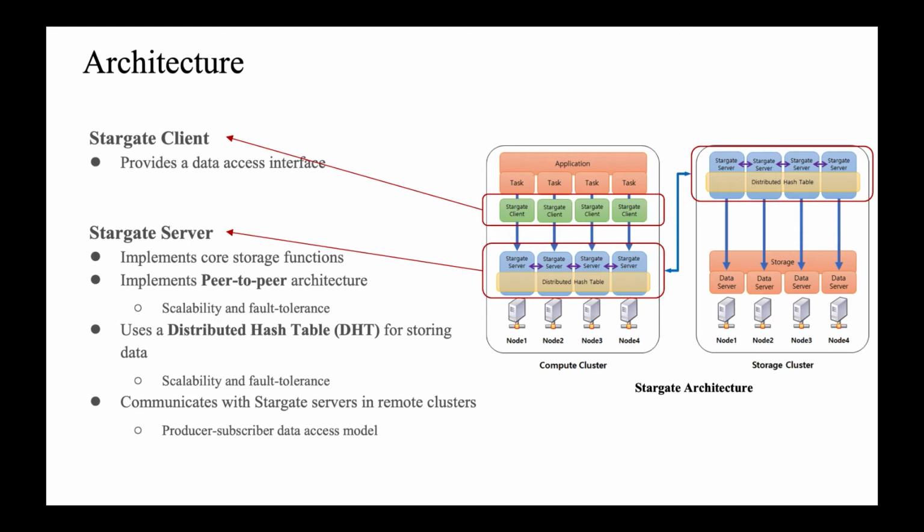It implements a peer-to-peer architecture to provide scalability and fault tolerance. Stargate server uses a distributed hash table co-located on the same cluster for storing internal data.